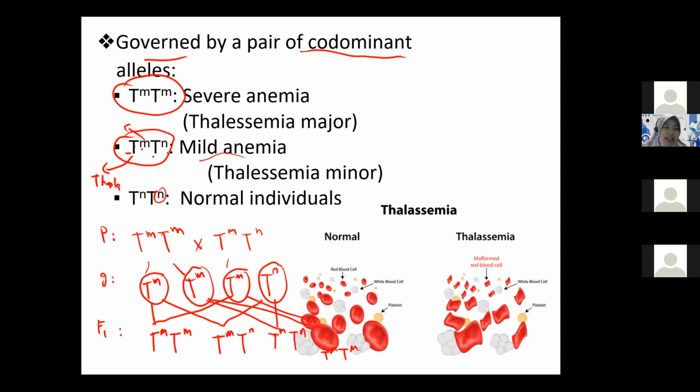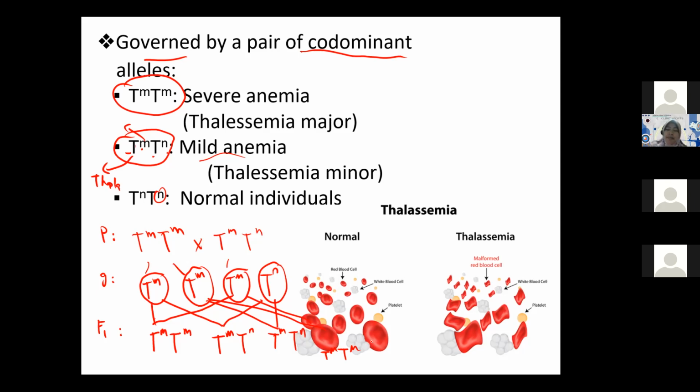Sebab you can see there is no TN TN there. What is the probability of the children to have severe thalassemia? Percentage dia adalah 50% ataupun 1/2. Similarly for children with thalassemia minor, 50% juga.